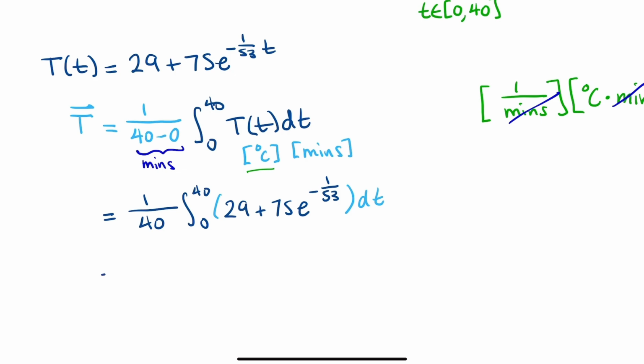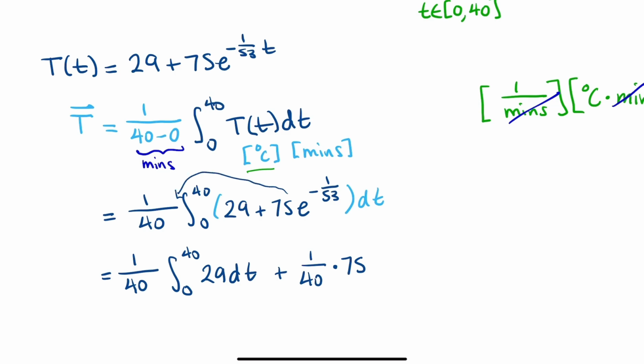So I can go ahead and say this is equal to 1 over 40 multiplied by the definite integral from 0 to 40 of 29 dt plus 1 over 40 multiplied by the 75, which I'm going to pull in front of the integral sign, multiplied by the definite integral from 0 to 40 of e to the negative 1 over 53t.